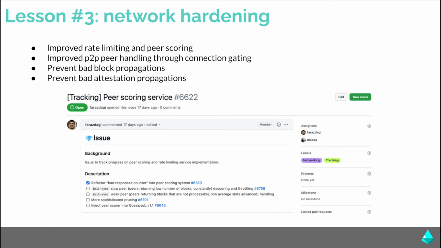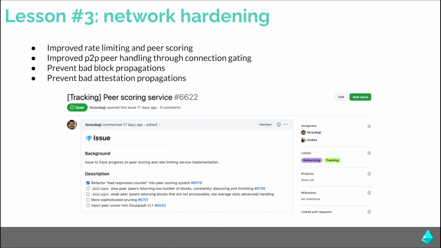Rate limiting and peer scoring refactoring work has been started. Our aim is to make sure the Prism beacon node is more robust and capable of performing its duty in the presence of slow, broken peers. The current rate limiting system is already capable of blocking peers that send us requests too aggressively, and we're extending it to be more sophisticated in how good and bad peers are detected and what actions are taken to prevent such behavior.